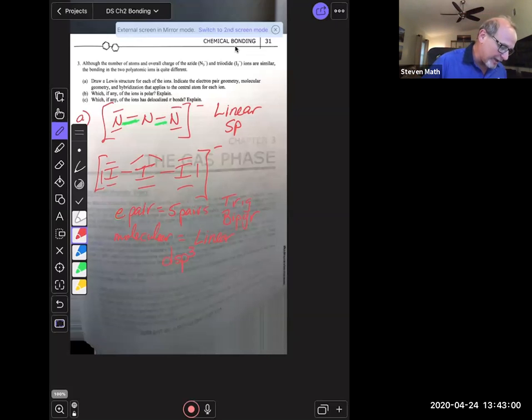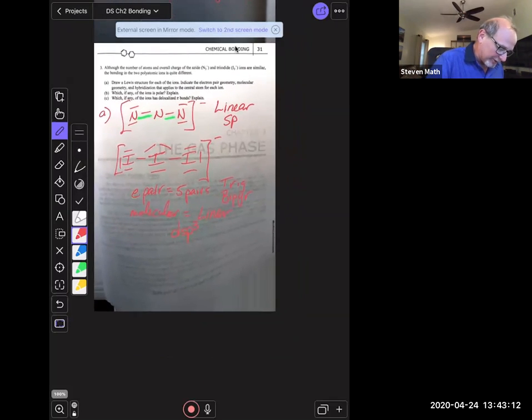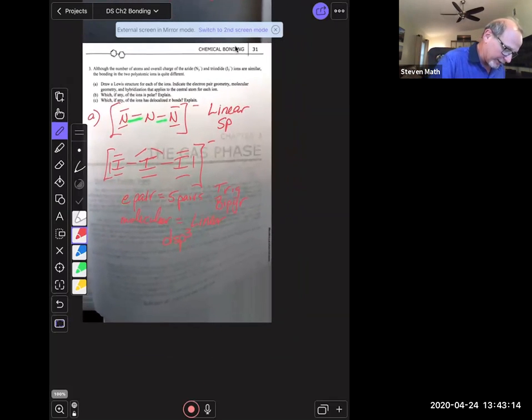And then in C, the last thing you want to know is which, if any of these, has delocalized pi bonds. Well, they're green. They're looking right at us. And the answer there, let's give them a good answer. So we've already done the answer to B right there. Now the answer to C is azide has delocalized pi bonds.